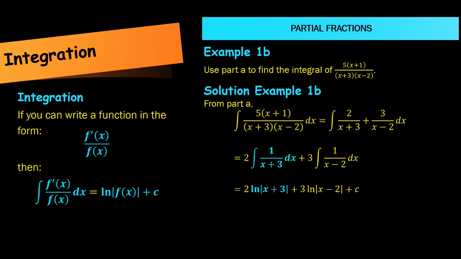Applying the rule on the left-hand side of your screen, we can see that the integral of 1 over (x plus 3) equals ln of mod (x plus 3). And similarly, the integral of 1 over (x minus 2) dx is equal to ln of mod (x minus 2).